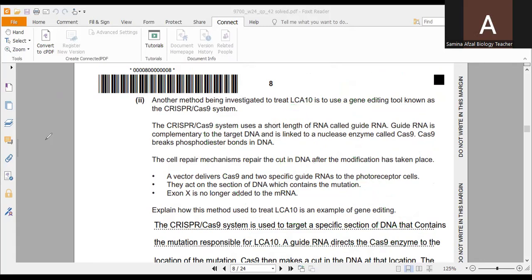Another method being investigated to treat LCA10 is to use a gene editing tool known as the CRISPR-Cas9 system. It uses a short length of RNA called guide RNA. Guide RNA is complementary to the target DNA and is linked to a nuclease enzyme called Cas9. Cas9 breaks phosphodiester bonds in DNA.